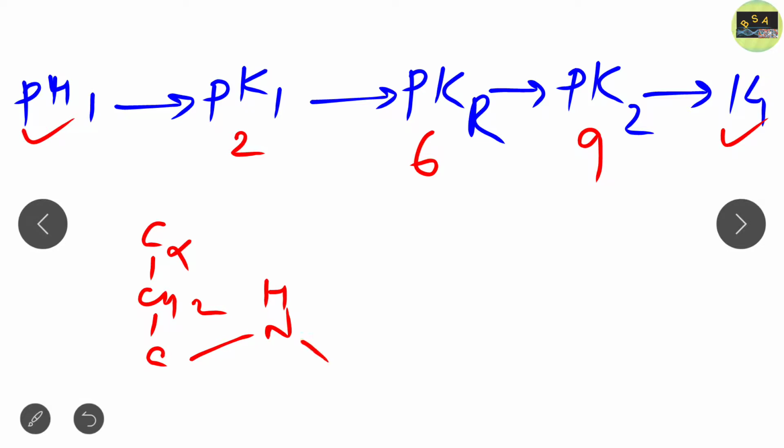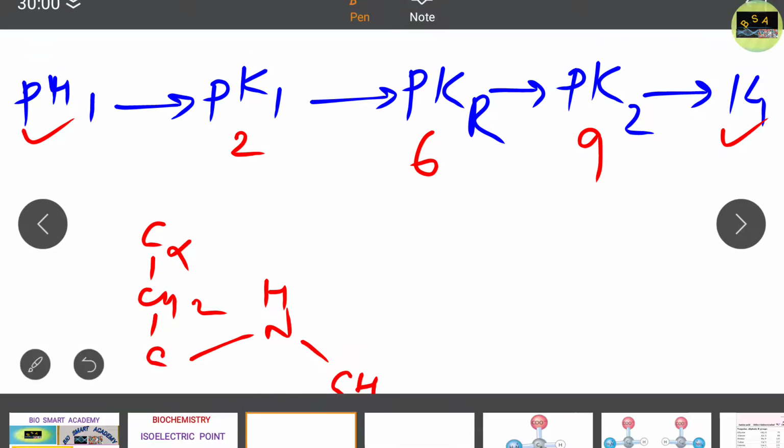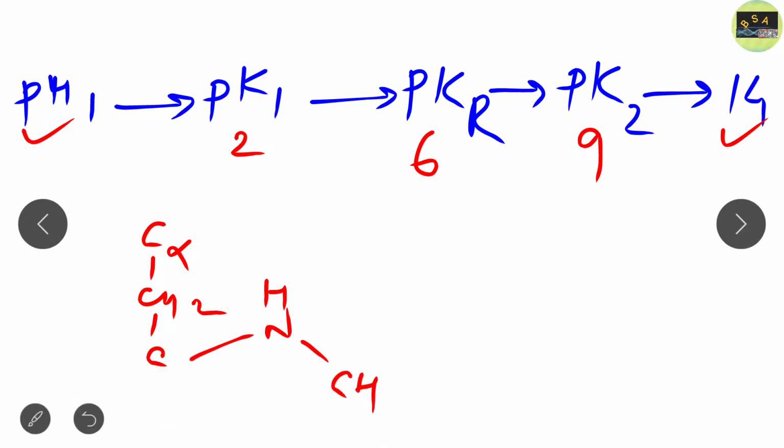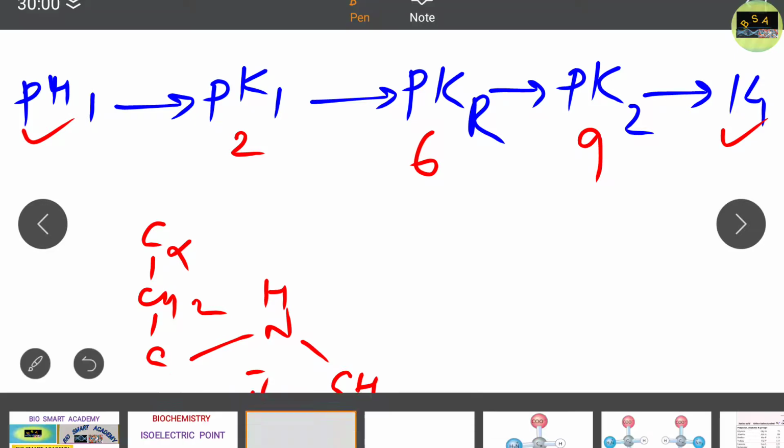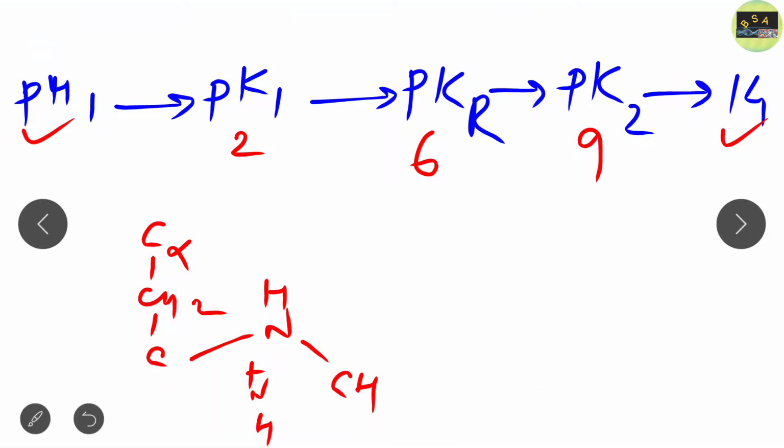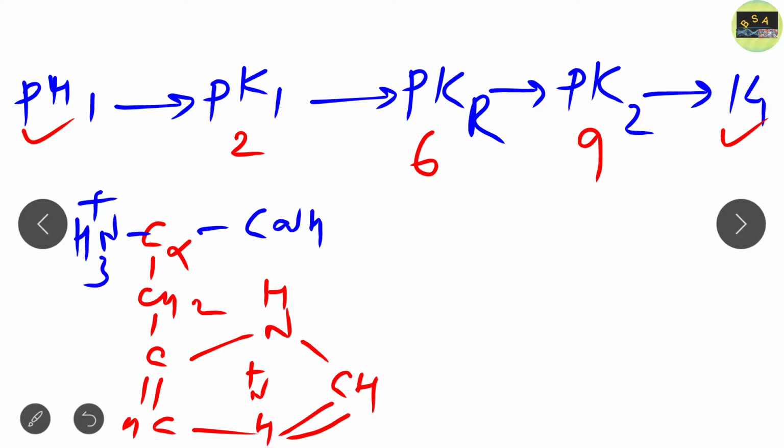This is CH, this is NH, just write it here like this, NH plus, and it has a double bond, and this is CH. Clear? So this is a side chain. It is a very complicated structure, but you have to remember all this.